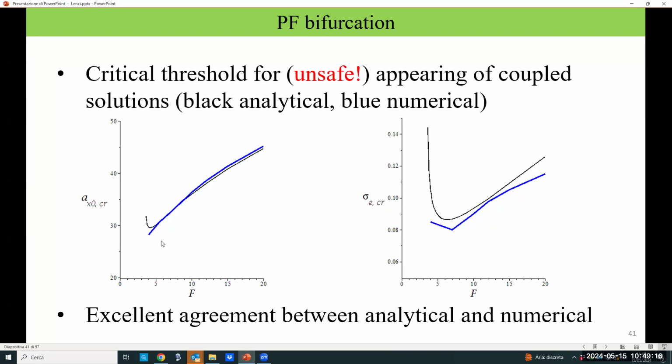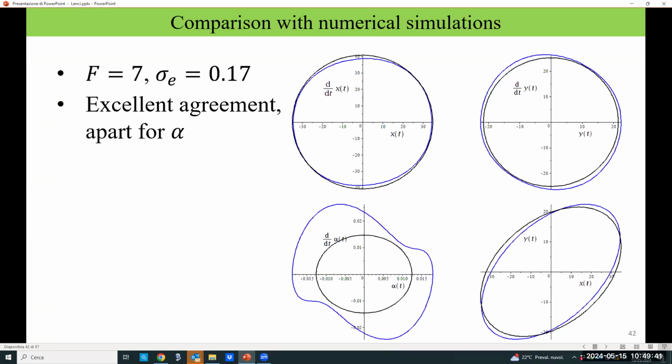What is interesting is that you can compare here the black curve, which is obtained by our multiple time scale method approximate solution, with the blue curve, which comes from numerical simulation. So from an exact result, and you can see the perfect matching, which means that the multiple time scale method provides a very reliable approximation.